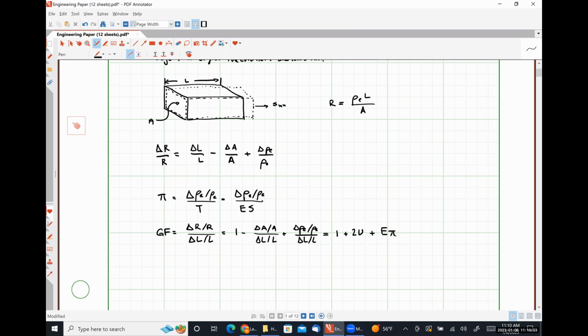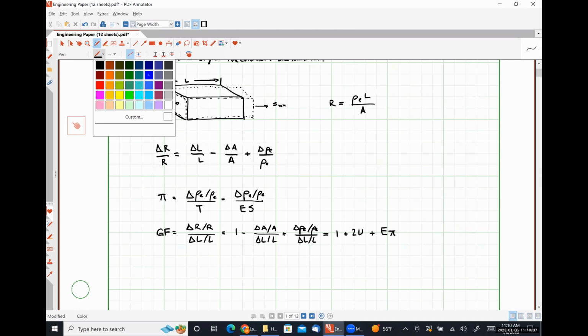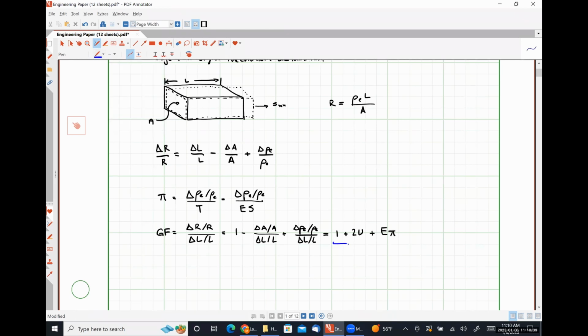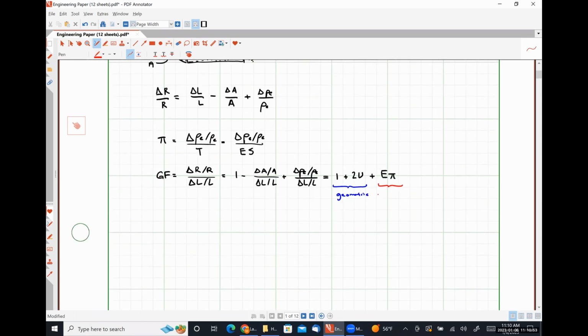So the first two terms are the geometric contributions to the gauge factor, and this last term is the material contribution to the gauge factor.